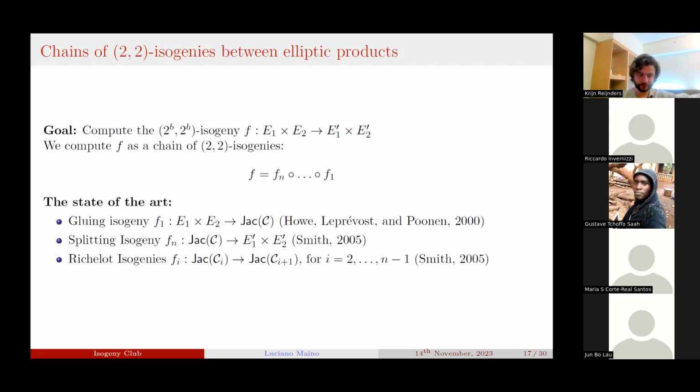The isogenies between Jacobians are really the dominating case. There are ways to compute these isogenies. A formula to compute these isogenies is given by the so-called Richelot isogenies. A reference for these formulae can be found in the PhD thesis of Ben Smith.